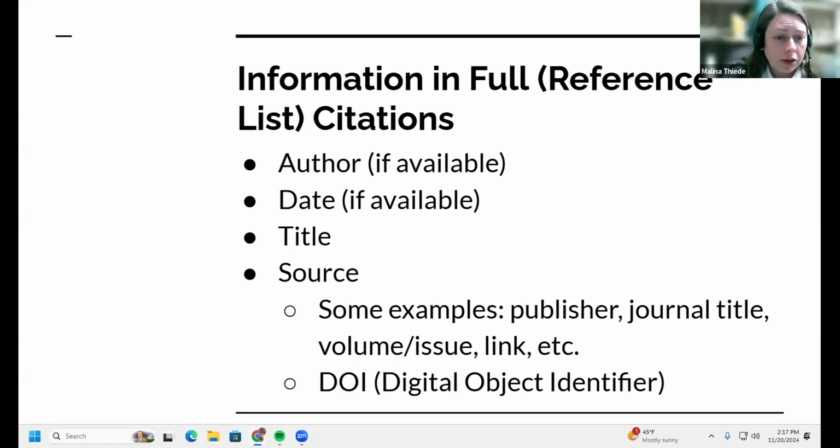When you're citing a journal article, it'll include the journal title, the volume number, the issue number, a DOI, etc. When you're citing a website, it would include the producer of the website in the source information. And then a DOI or a hyperlink: DOI for ebooks or online articles, or a link if you're using a web resource.